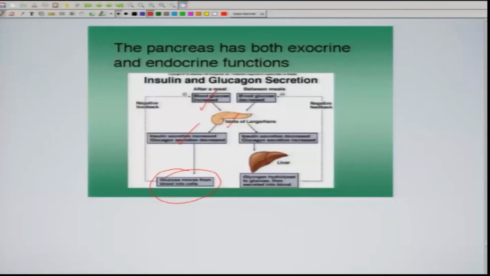Whereas, between the meals when blood glucose level decreases, the islet of Langerhans cells start secreting the glucagon and insulin secretion is now lowered down, and glucagon, what it does, it breaks down the glycogen and releases glucose into the system for energy consumption. So, it is an opposing function which is happening.